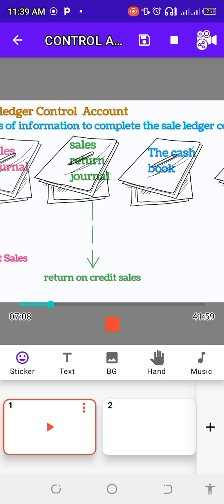Then from the cash book, we get information about those debtors that have paid some money to reduce their debts.